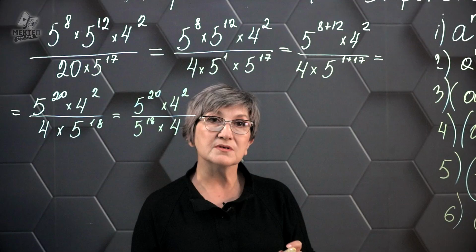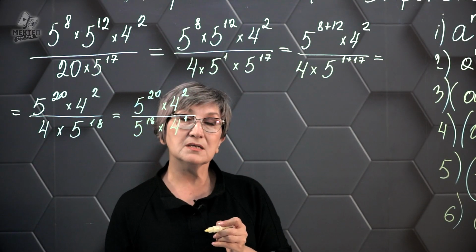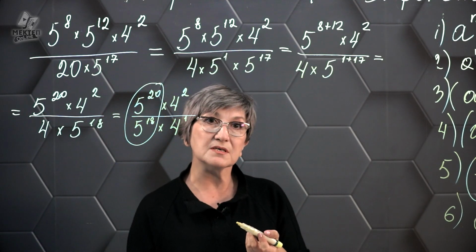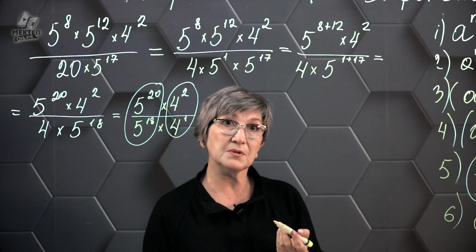We'll add the degree of 4 to the denominator, which is 1 now. 5 to the power of 20 divide by 5 to the power of 18 and 4 to the power of 2 divide by 4 to the power of 1.